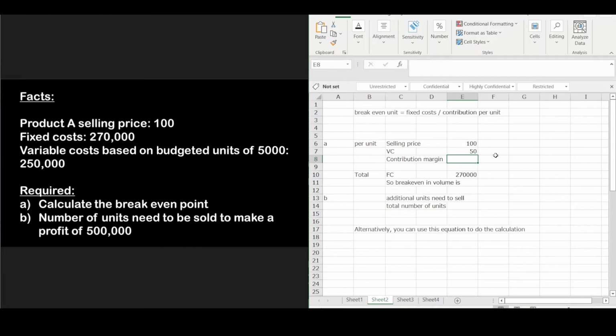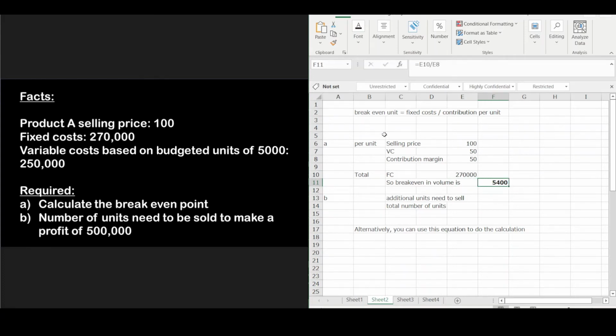We can calculate contribution margin per unit, which is selling price minus variable cost, right? And for total fixed cost, we know it's 270,000, right? So break-even in volume is total fixed costs divided by contribution margin per unit. So you can see that is our break-even point.